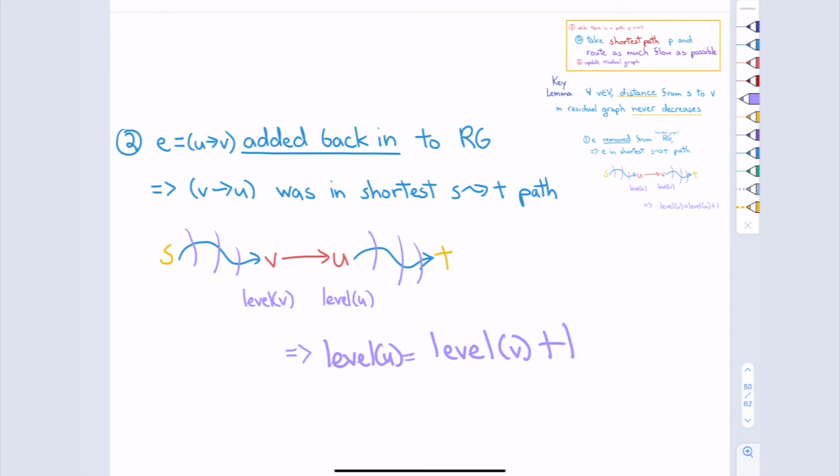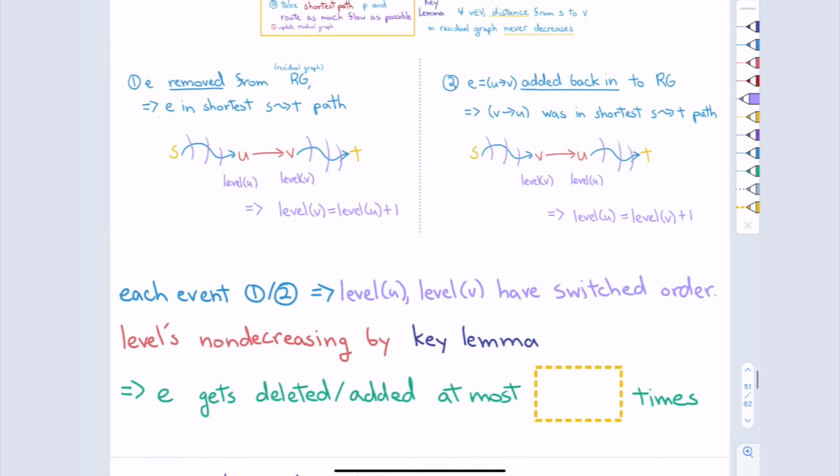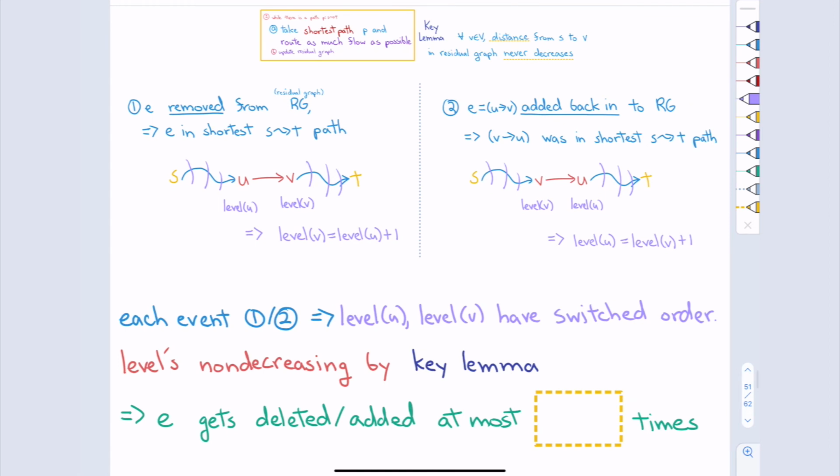Okay. All right, so what happens when we combine these things? That means that I delete an edge and it comes back. Okay. So initially U was closer to S than V, but later when it came back, V was closer to S than U. Okay.